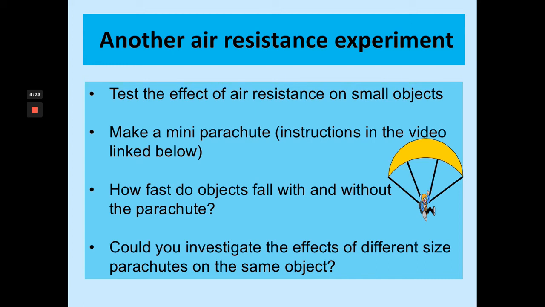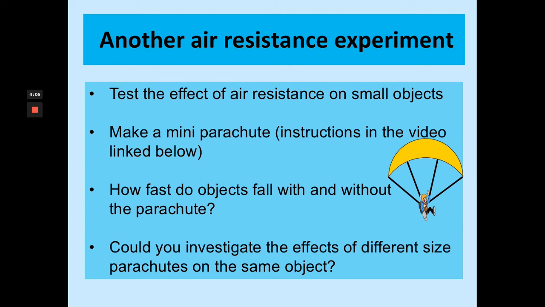So you could make a mini parachute out of plastic bag or paper and string. In the description of this video, there is a link to another video with someone showing you how to make a parachute. And you could attach a toy or toys to your parachute and see the effects of air resistance.